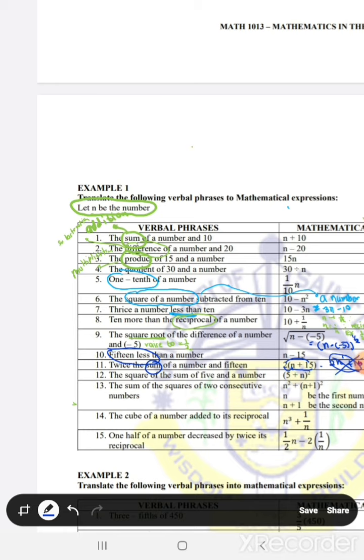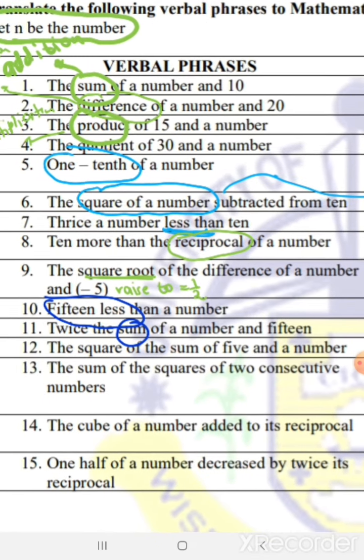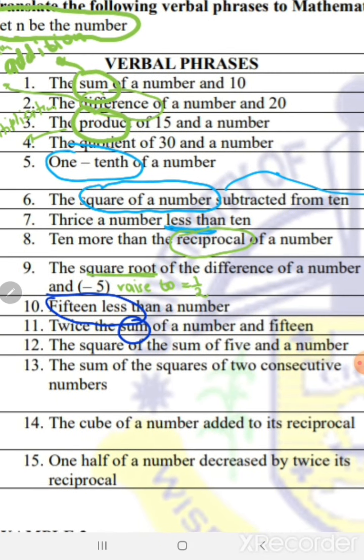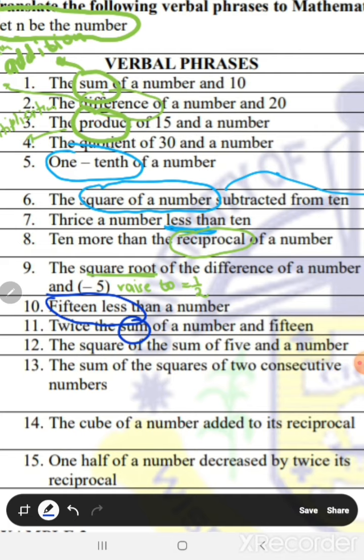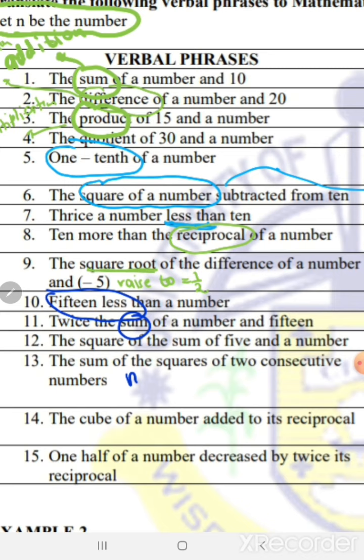Next, the sum of the squares of two consecutive numbers. So when you are talking about consecutive numbers, it is yung magkasunod na number. You have positive or negative integer yan. Magkakasunod sila. We have n1, then n2, n3, n4.